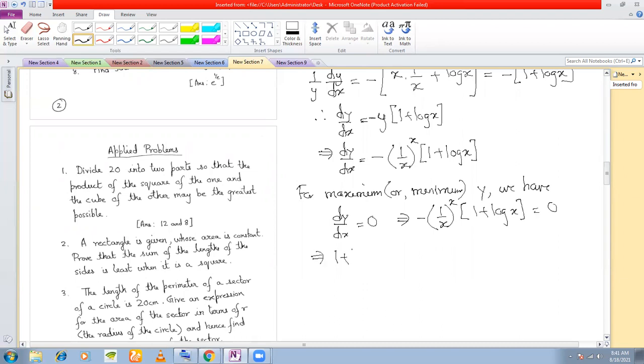That means 1 plus log x is equal to 0. That means log x is equal to minus 1. And what does log x is equal to minus 1 mean? x is equal to e to the power of minus 1. That means x is equal to 1 by e. So at x is equal to 1 by e, we should get a maximum or a minimum.